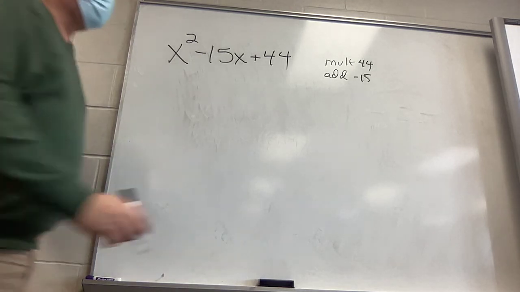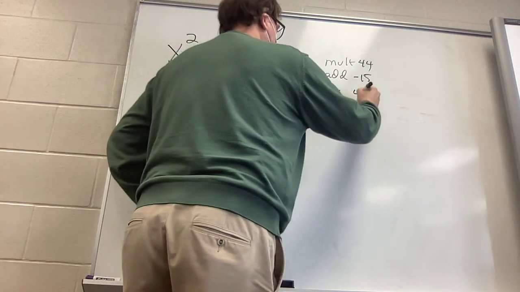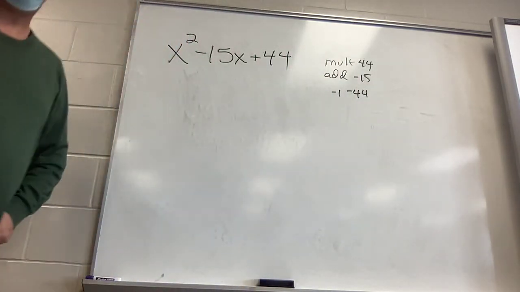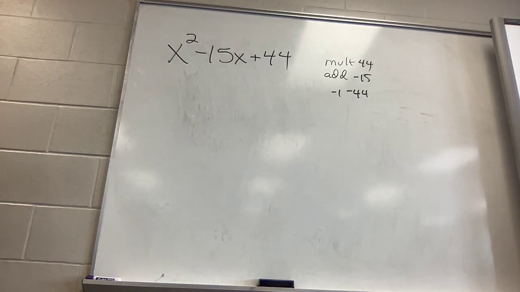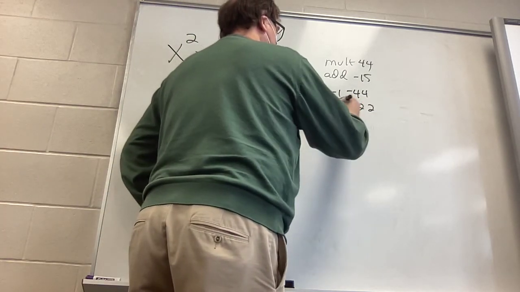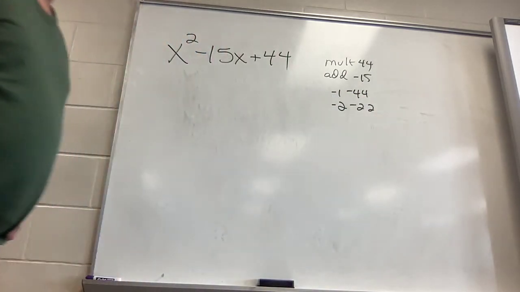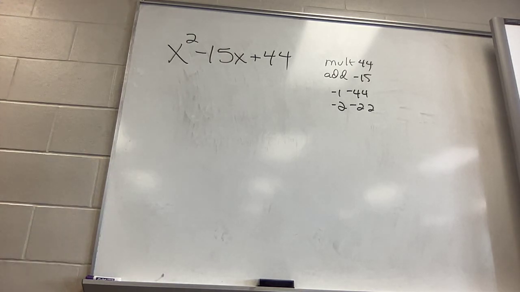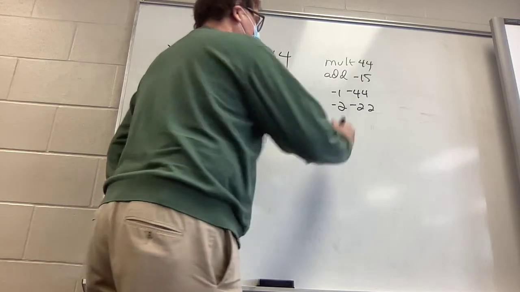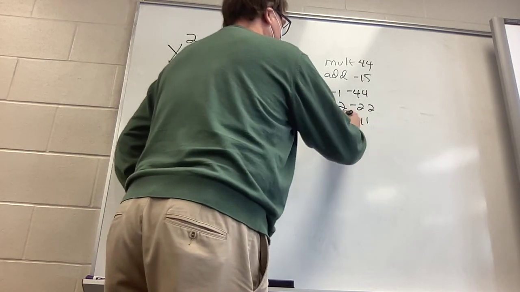So I'm going to do 1 times 44. And since I'm adding, I can see it'll have to be negatives. That doesn't add up, so I'm just going to go nicely in order. I'm going 1, 2. 44 divided by 2 is 22. Cool. All right. 3 does not go into 44. 4 and 11.